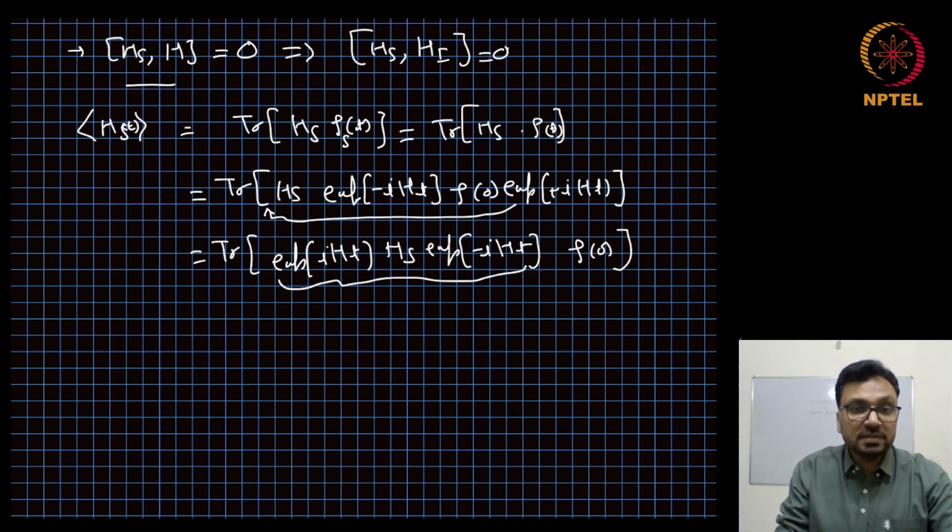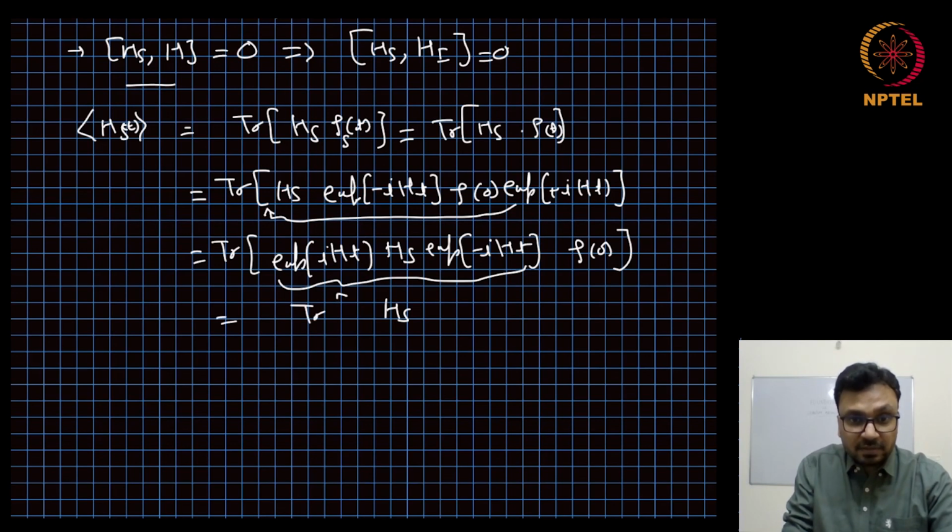What can we say about this expression? The exponential of iHt, Hs, exponential of minus iHt. Since H and Hs commute, this thing will give us just Hs. Because H commutes with Hs, we can take the exponential of iHt through Hs, and then exponential of iHt times exponential of minus iHt is just identity, and we are left with Hs.